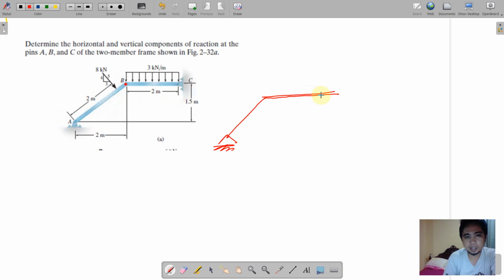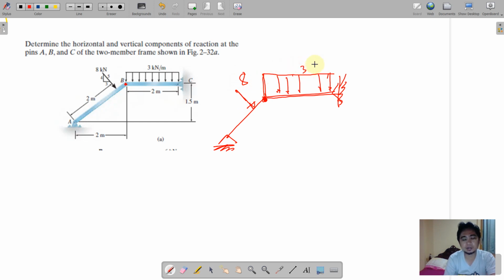So dito meron tayong another pin connection here, and then this is the loading. Okay, this is internal pin, and we have here a perpendicular force on this diagonal member. So this is 8 kilonewton, this is 3 kilonewton per meter.